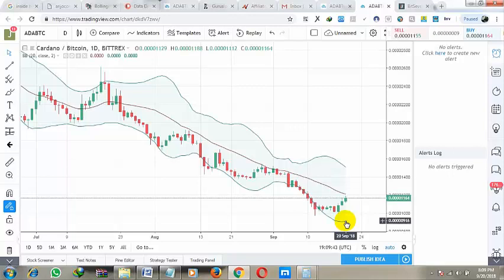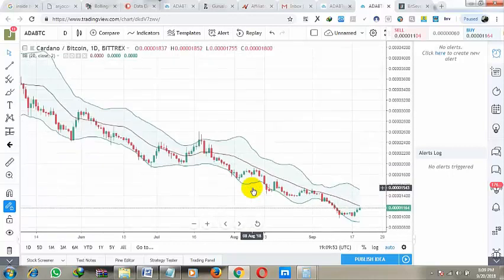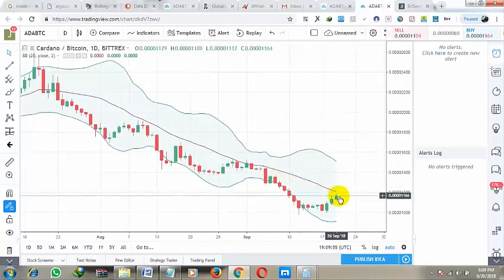Now where should I be looking at buying again if I'm to follow this rule? All the way down here around 908 Satoshi. Now I might not just exit this market except I'm a conservative trader who just sees it hit and exits, waiting for a clear signal again to enter.